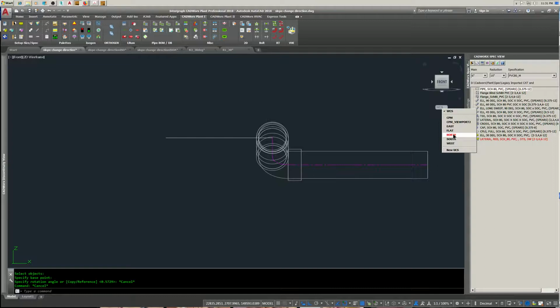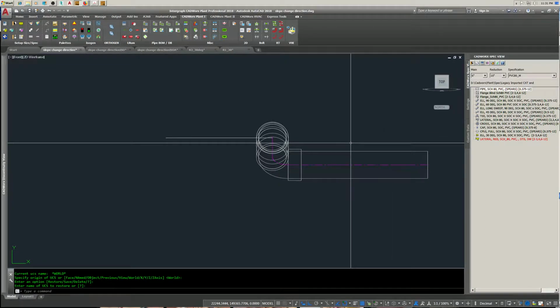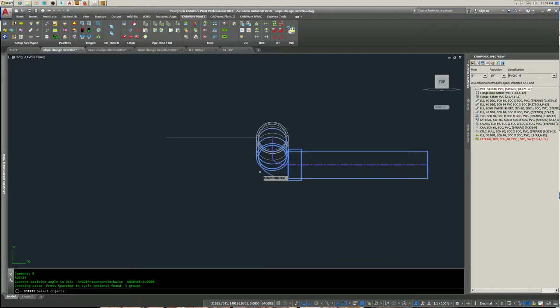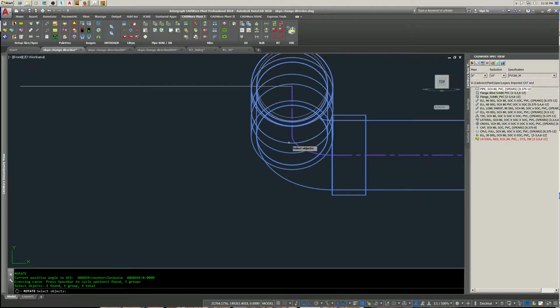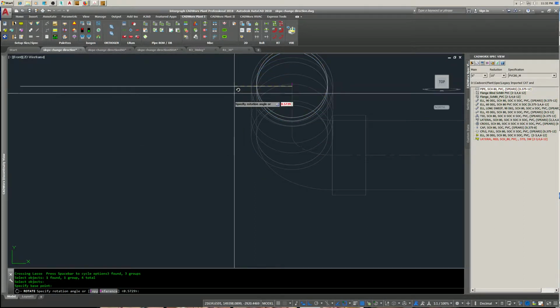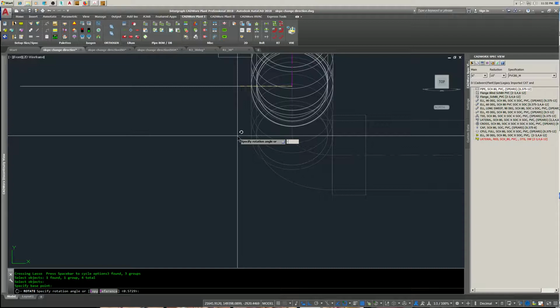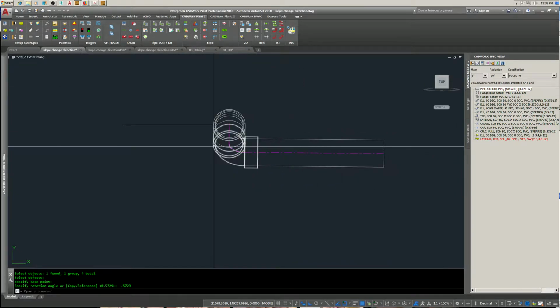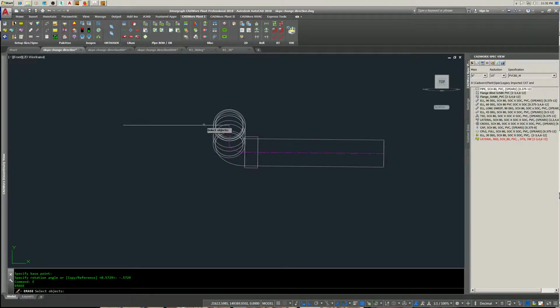Got XY. This one is minus. Right, we got our slopes.